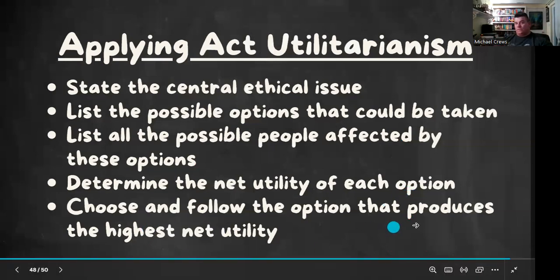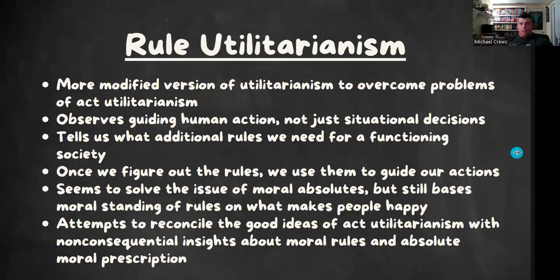And then we're going to choose and follow the option that produces the highest net utility. You'll see this at the end of the theory in the chapter as well. Don't get it confused with rule utilitarianism. A lot of people like rule utilitarianism because it's a more modified version of utilitarianism that overcomes some of the problems of act utilitarianism.